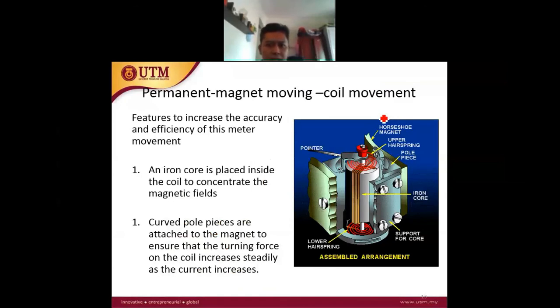So this is the practical assembly of the PMMC, or permanent magnet moving coil.